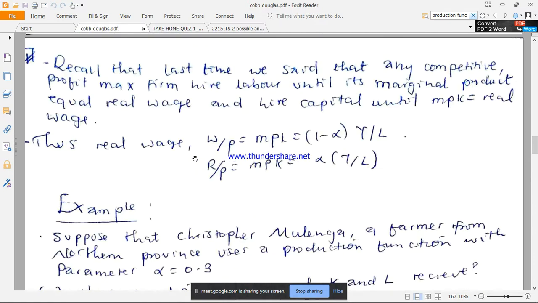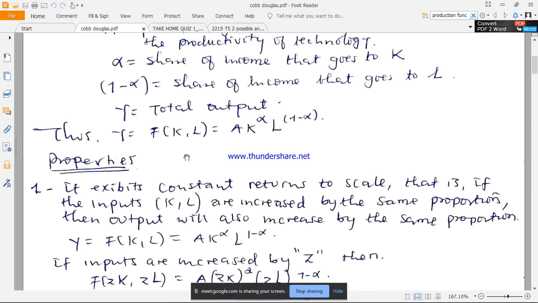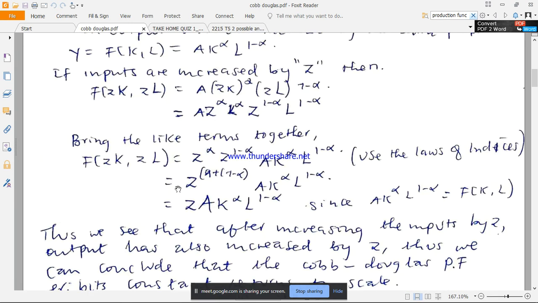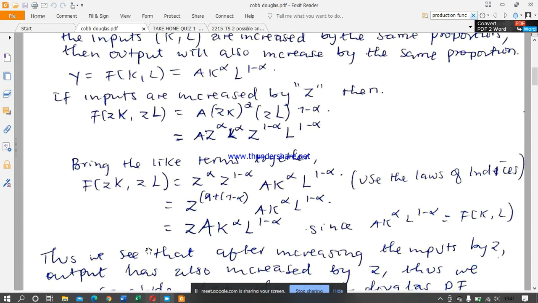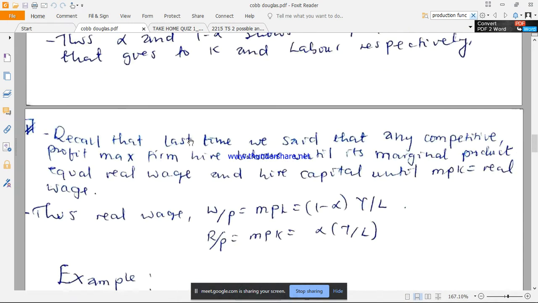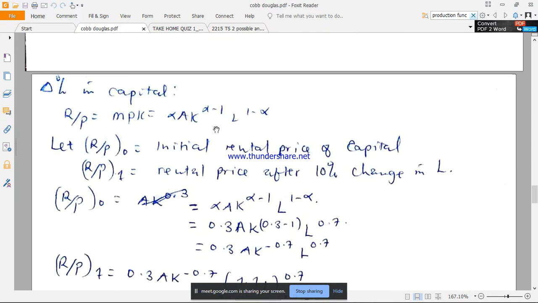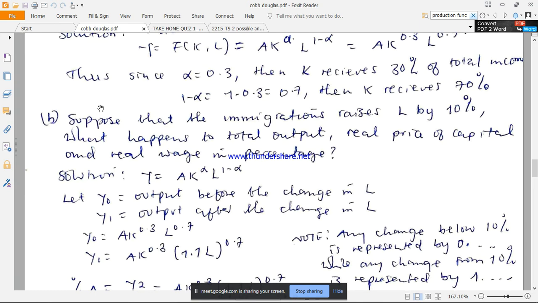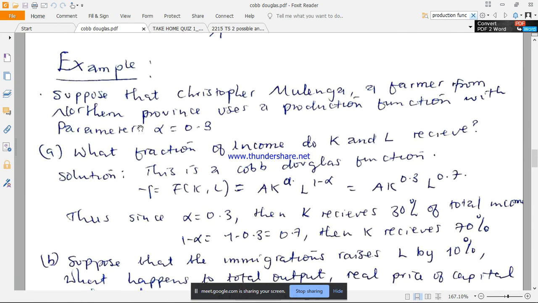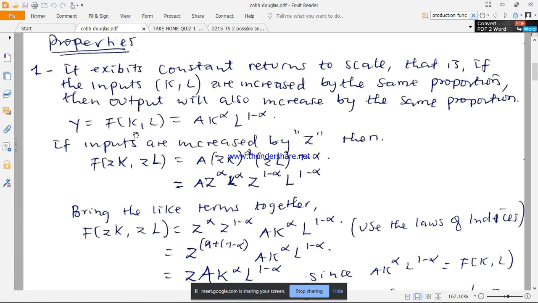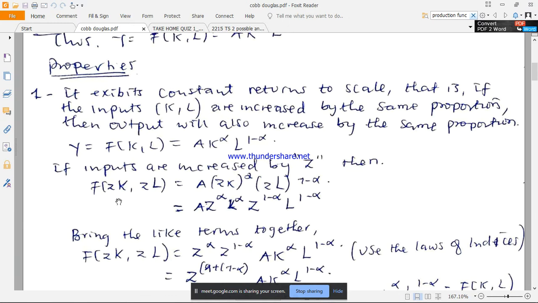But don't worry, this time around I'll be very slow, so that we understand this, because this is going to help us tackle those questions that we have. And the exam questions that I've used and provided solutions for here, these are exam standard questions. I've just changed where there is some name. I remember I've put Christopher and everything. Okay. So let's just try to understand this. Yes, Sam.